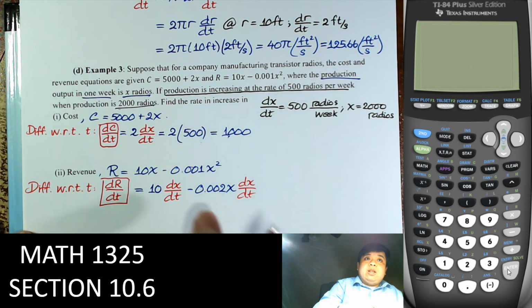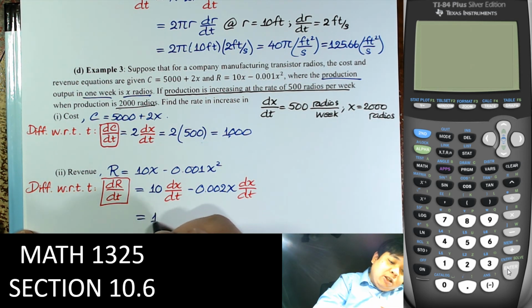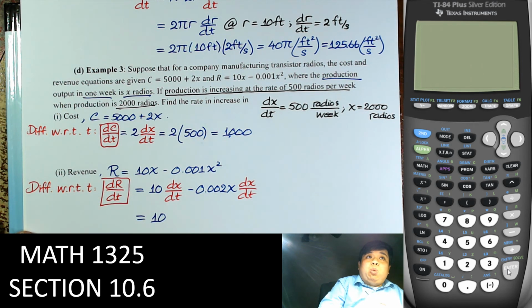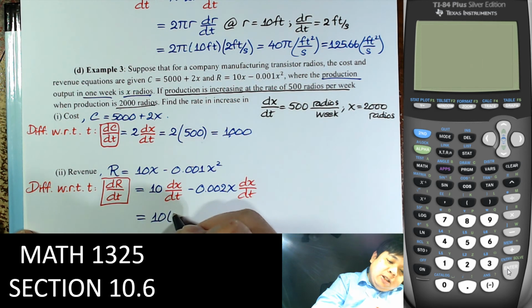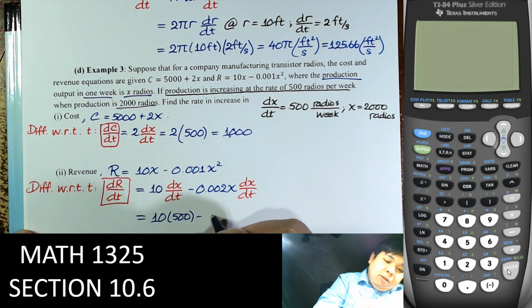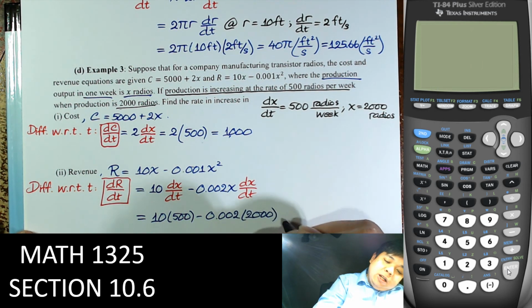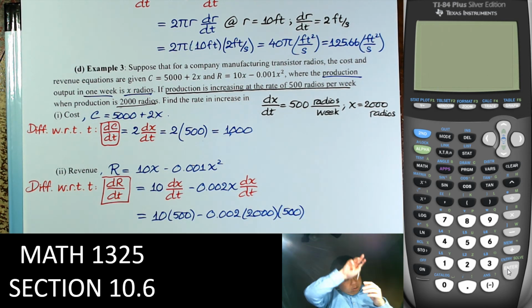At this value, substitute that in, and again we will leave the unit out because this should be some term of dollars per week. dx over dt, that's 500 minus 0.002x at 2000, and dx over dt is 500. Right, so we have that.